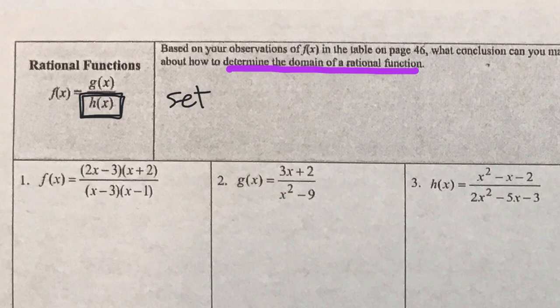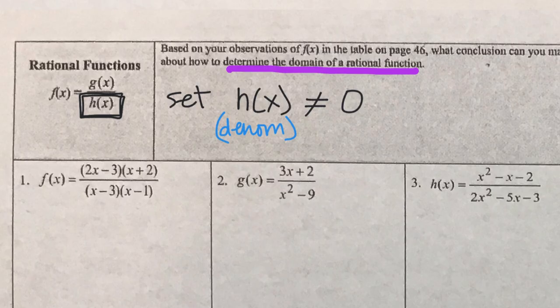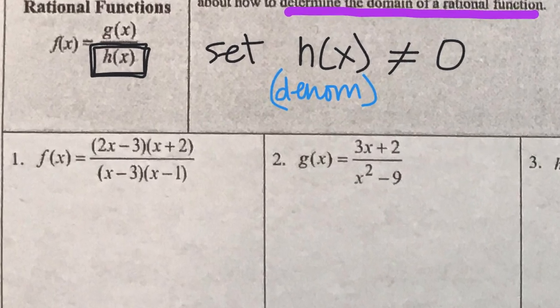So we have to exclude any number that makes the denominator 0. You take whatever equation is in your denominator and you make the equation that it cannot equal 0. And you solve it. And whatever the solutions are to that equation, those are going to be your domain restrictions. Those are the numbers that you have to keep out of your domain.